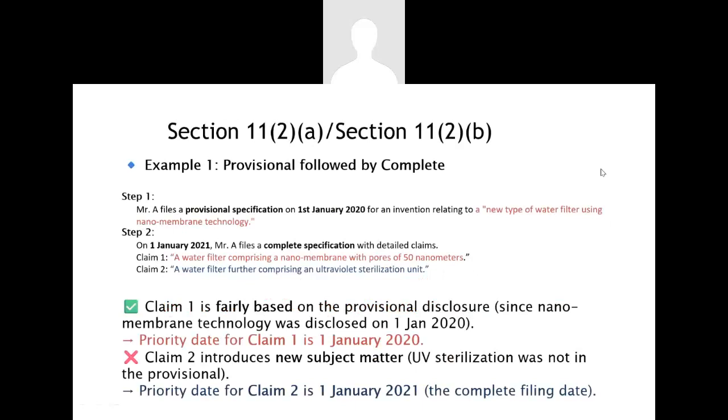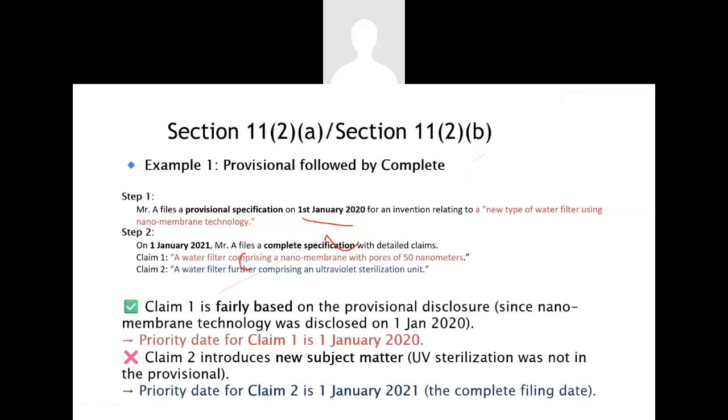Here we have tried to explain section 11(2) and section 11(2)(b). Here is an example of Mr. A, who filed a provisional specification on 1st January.